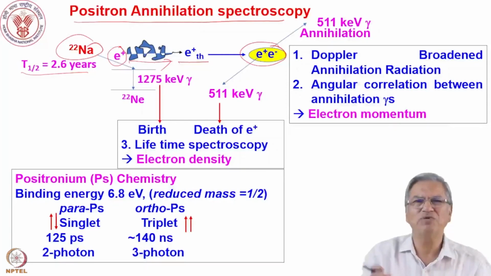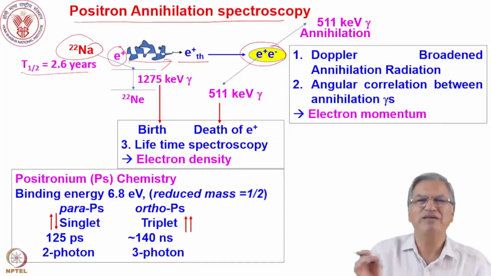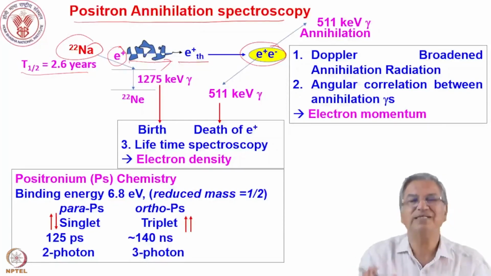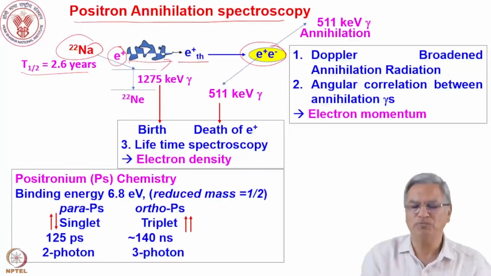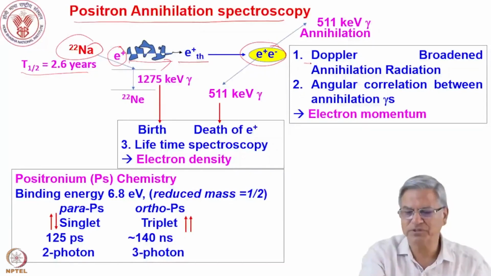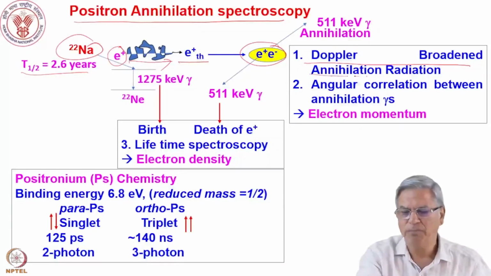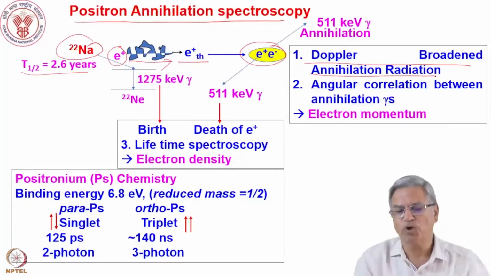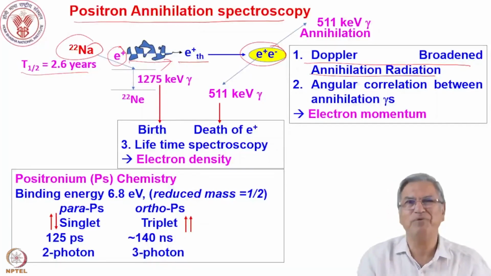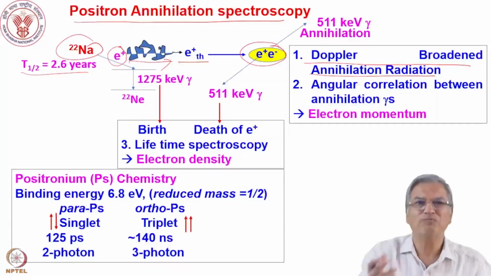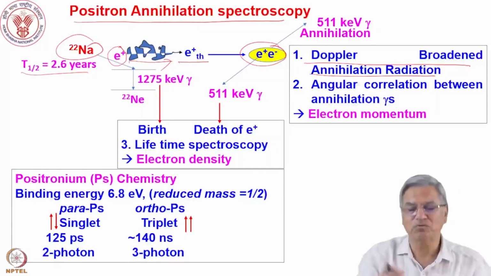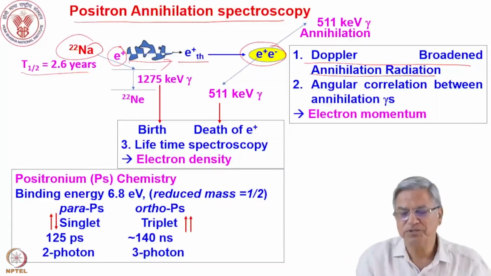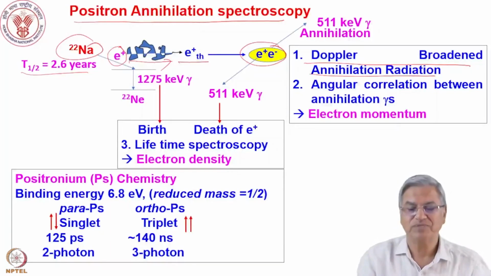That means it will not be exactly 511, it will be 511 plus or minus delta E because of the momentum of the electron. And so there comes the technique called Doppler broadened annihilation radiation. This 511 keV gamma ray is broadened because of the electron momentum, and we can make use of that broadening to determine the electron momentum.